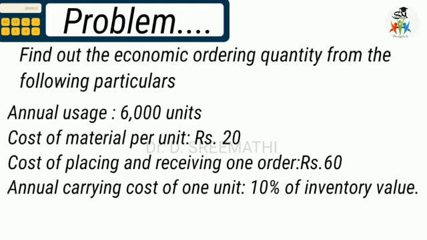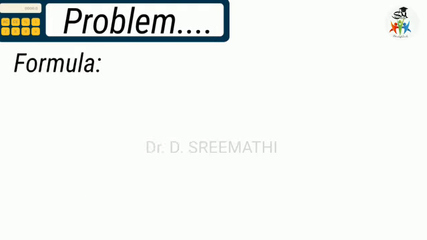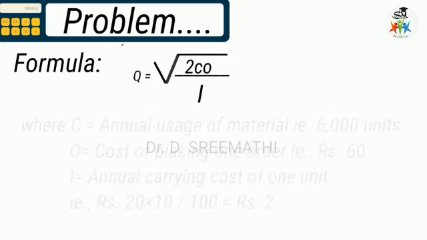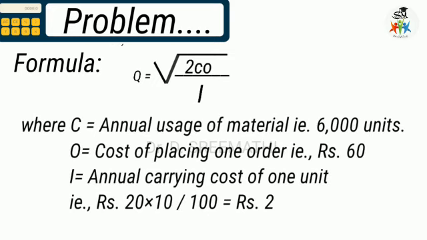The formula for calculation of economic ordering quantity is EOQ equal to square root of 2CO divided by I. Here C is the annual usage of material, that is 6,000 units, O is the cost of placing an order, that is 60 rupees, and I is the annual carrying cost of 1 unit. The unit value is 20 rupees and the cost is 10% of the value, so 20 rupees multiplied by 10 divided by 100 is equal to 2 rupees.